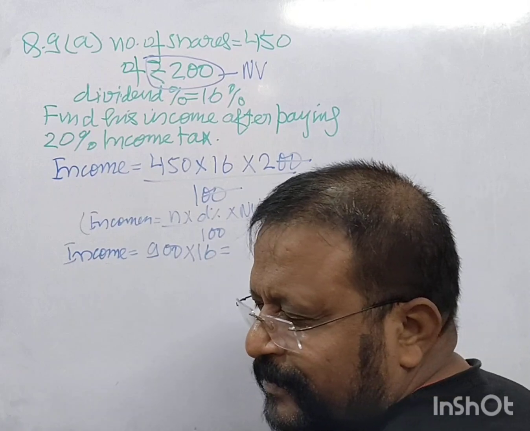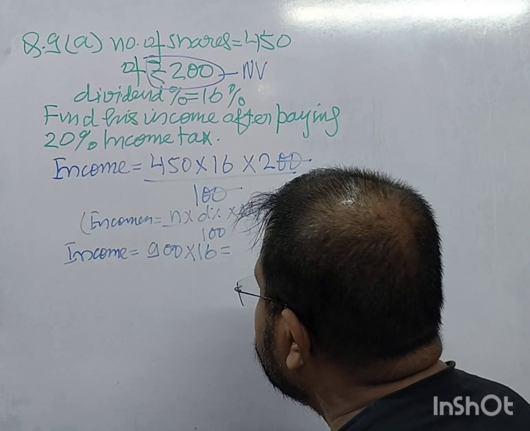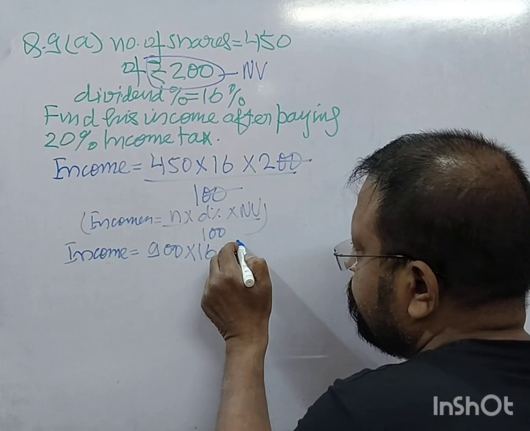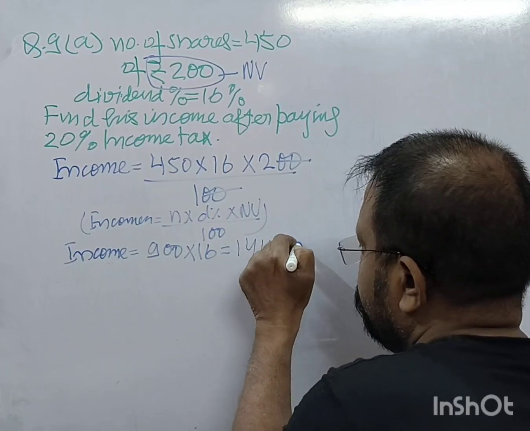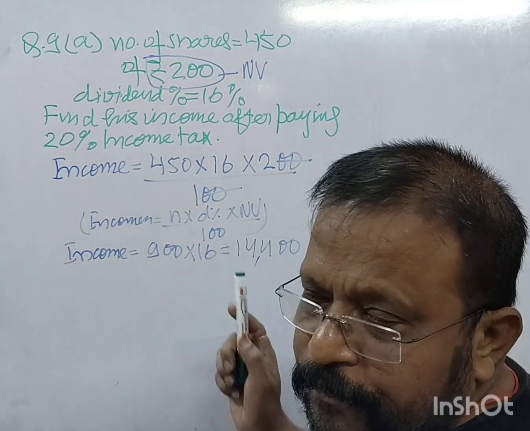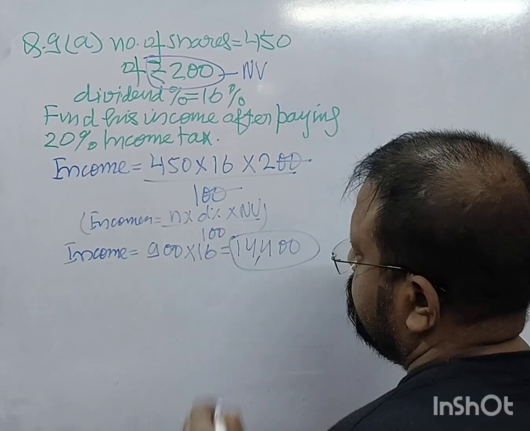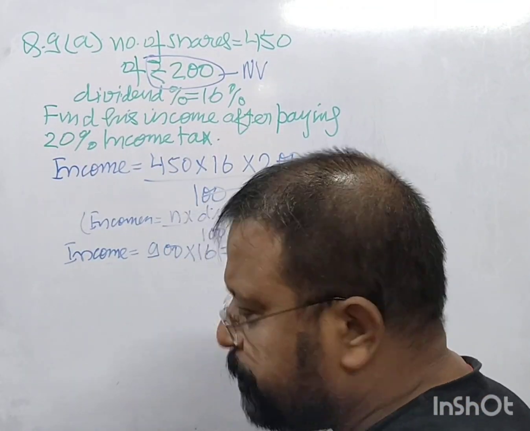So 144 and 2 zeros, it becomes 14,400 rupees. That is its income, right?